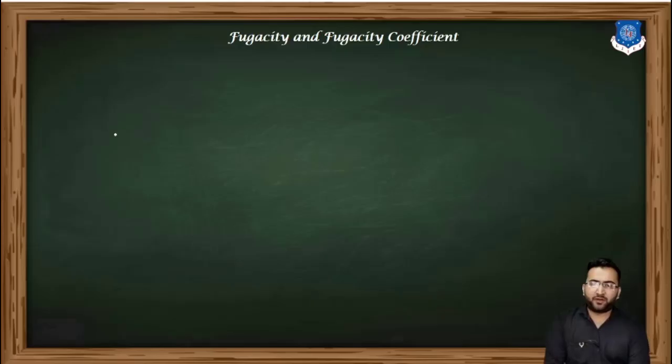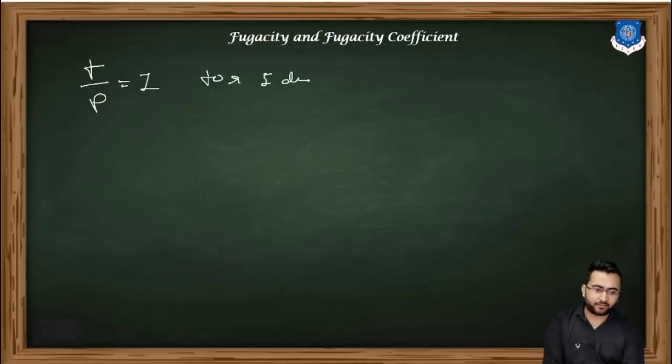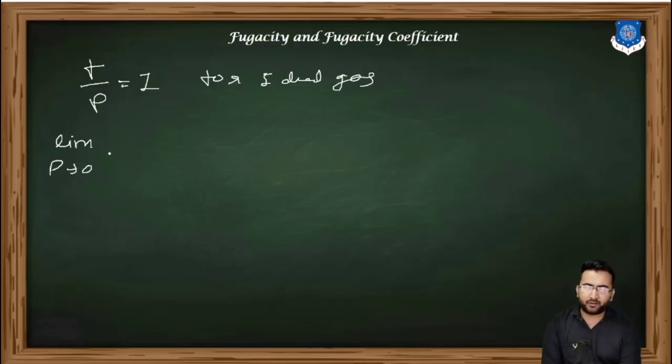For an ideal gas, fugacity is exactly equal to pressure, so we can say that f upon P is equal to 1 for an ideal gas. But for a real gas, pressure is replaced by fugacity. At lower pressure, most gases behave ideally, so fugacity may be replaced by pressure. Taking the limit as pressure tends to 0, f upon P is equal to 1.